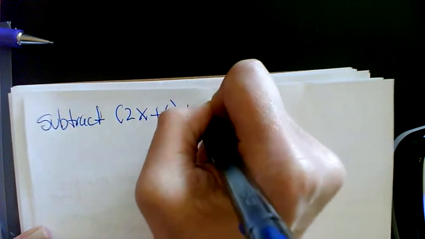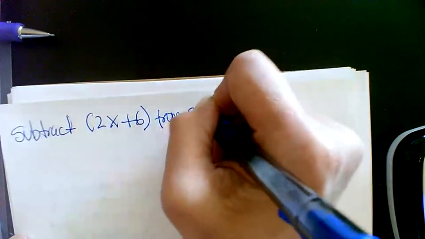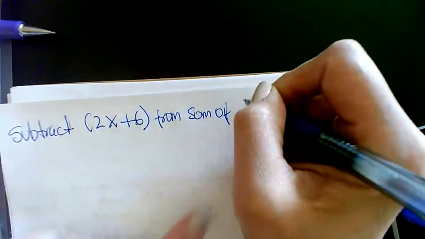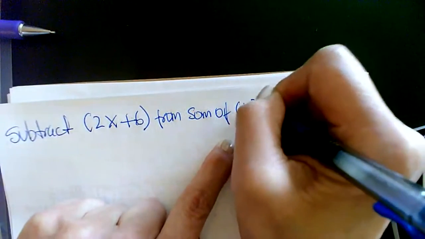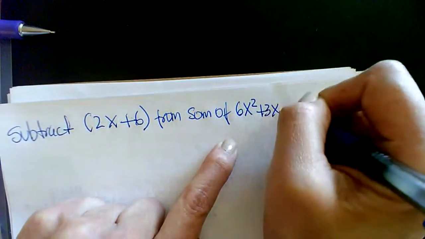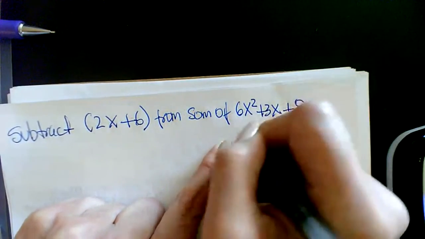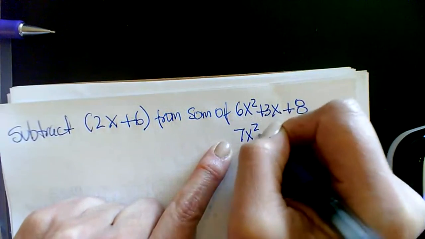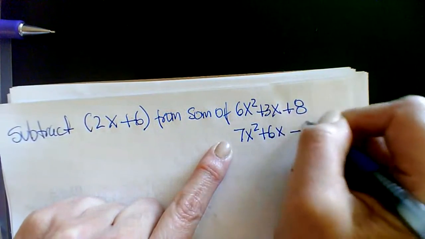Let's do this last one here that says subtract. They want us to subtract 2x plus 6 from what? From the sum of, and they want us to do the sum, 6x squared plus 3x plus 8 added to 7x squared plus 6x minus 9.